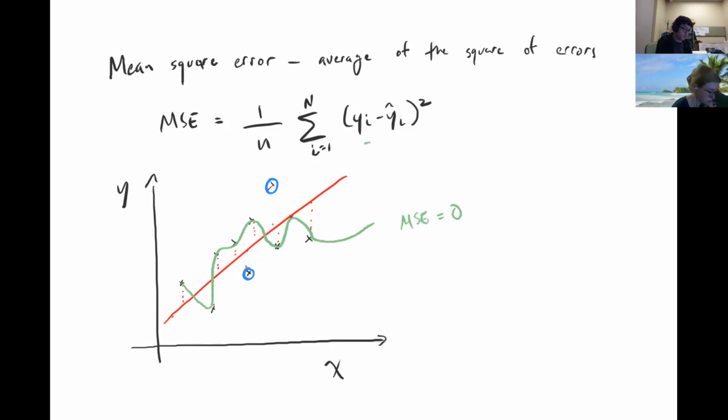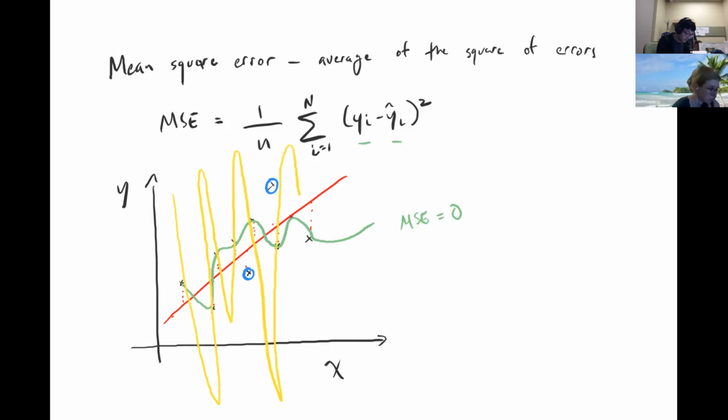Because I've perfectly matched my prediction to the location of the true values. And you could do the same thing in any number of ways. I could even draw some crazy squiggly line, right, that looks something like this. And this also has a mean squared error of 0.